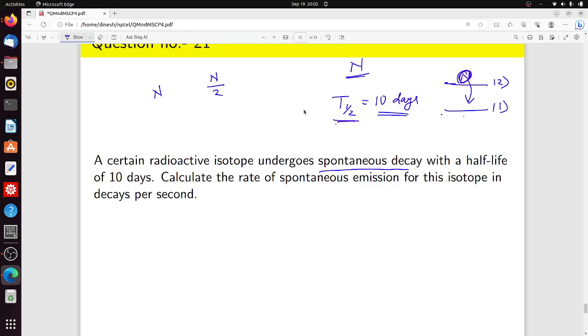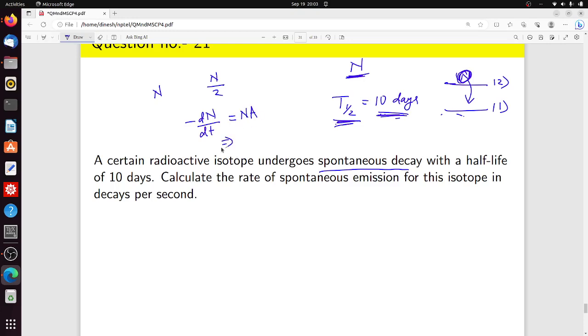Okay, so what is given? T half is given, 10 days. So in this time period, half of the particles in the excited state will go to the ground state. So the rate dN over dt for spontaneous emission, what is this? This is N times A, right?